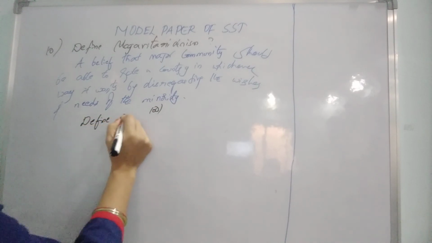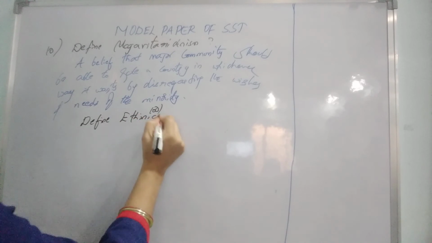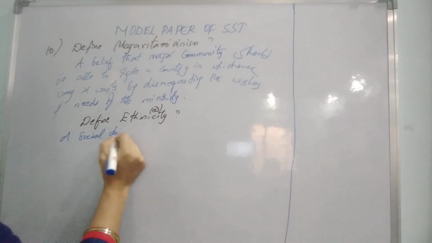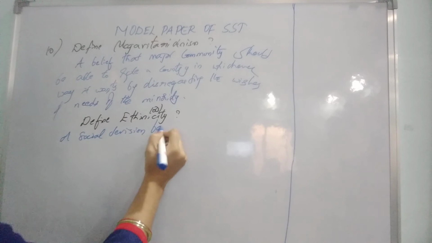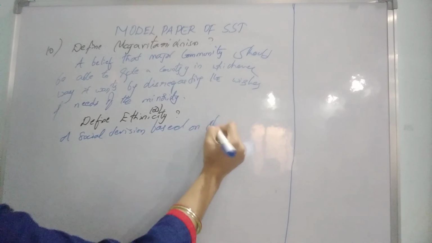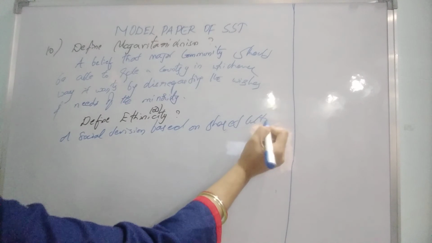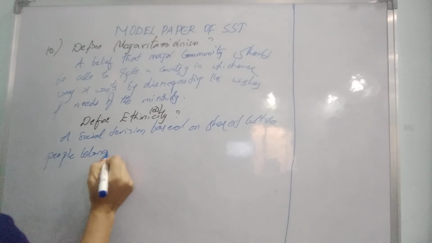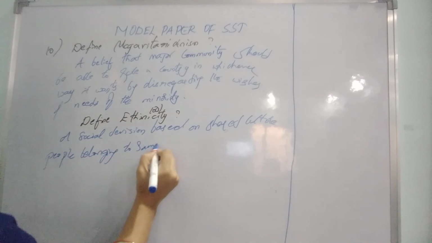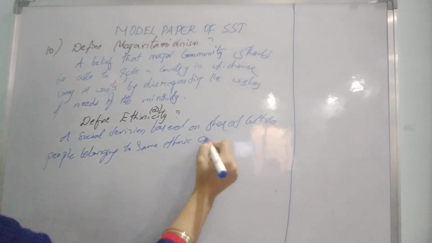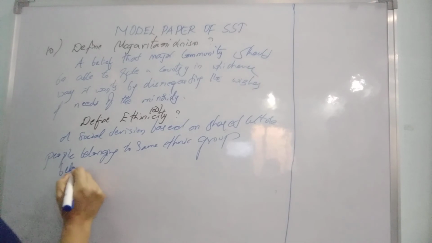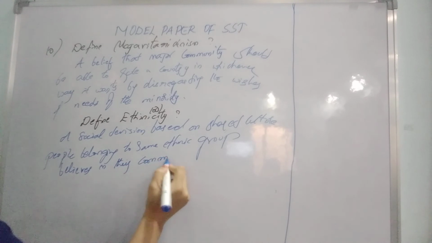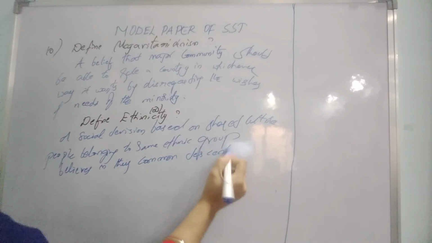Define ethnicity. What is ethnicity? A social division based on shared culture, or people belonging to the same ethnic group who believe in their common descent, is called ethnicity.